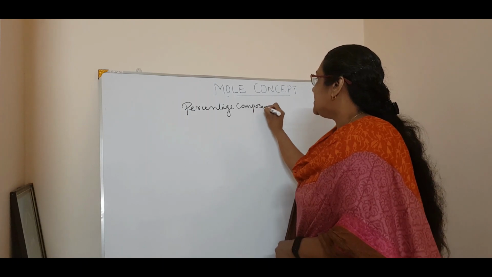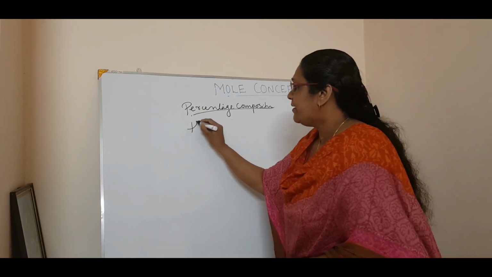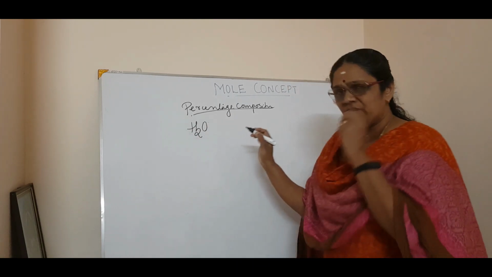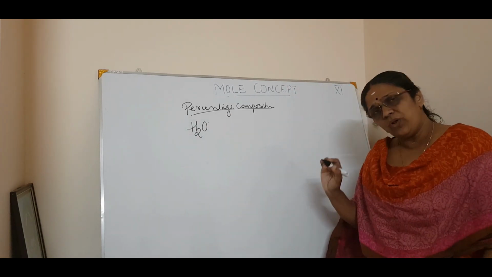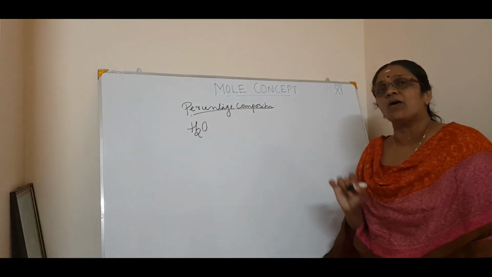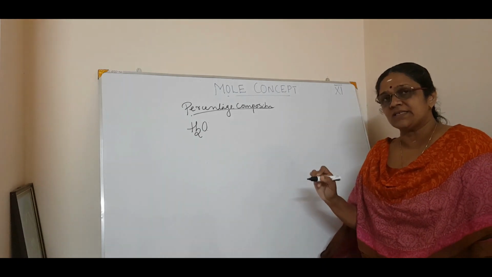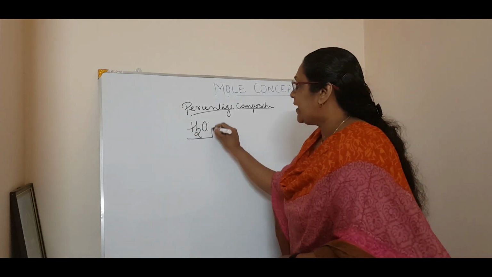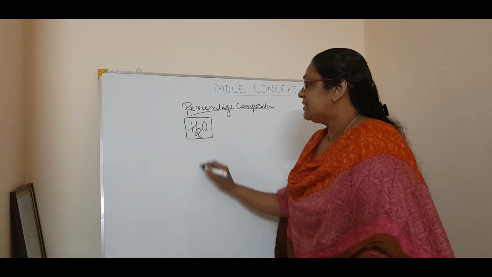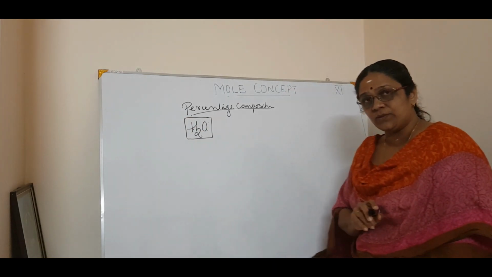For example, if you are given water, a molecule or a compound, how will you calculate the percentage of hydrogen and oxygen with respect to this compound? That is what you are taking, just for numericals. Calculate the percentage of hydrogen in this compound and oxygen in this compound.